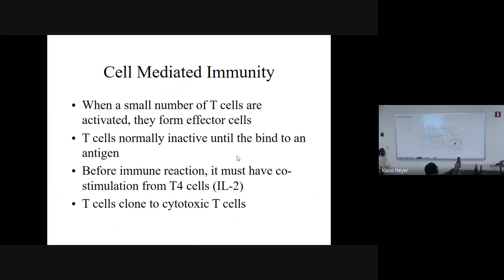T8 cells are normally inactive until they bind to an antigen. The antigen comes from the antigen presenting cell. That's the first stimulation, that second bullet point. The second stimulation is they get a chemical called interleukin 2 from the T4 cells, or helper T cells. Now the T4 cells can clone to cytotoxic T cells.